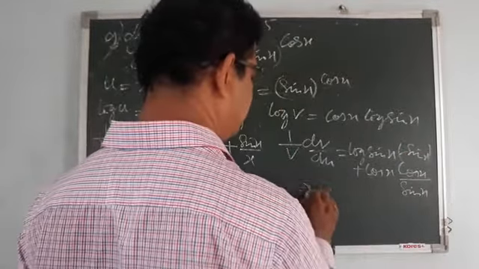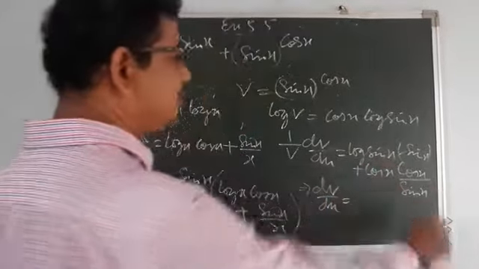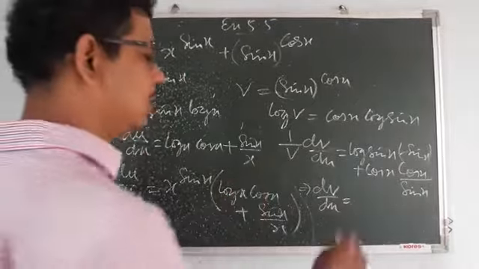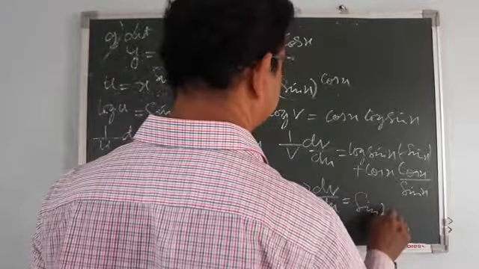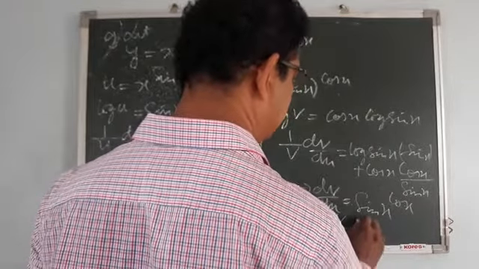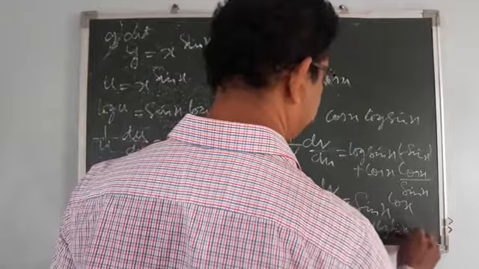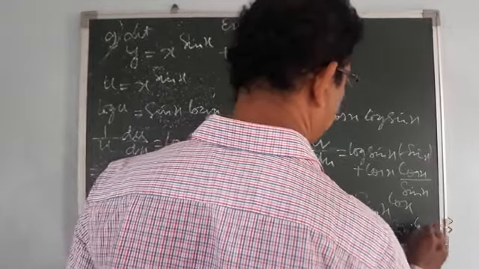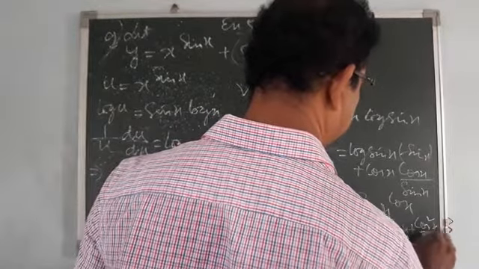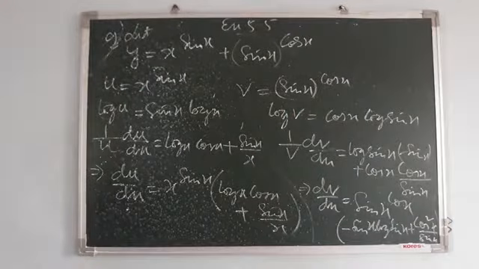So what is dv dx? v into this term, v is sin x to the power cos x, then inside bracket minus sin x log sin x plus cos squared x by sin x. So this is the value of dv dx.